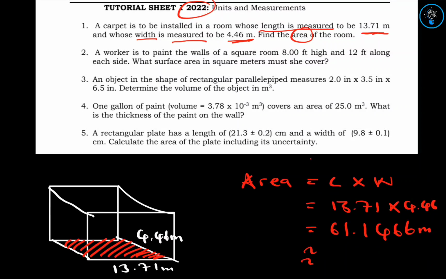But to be consistent with the number of decimal places, we can write it as 61.15 meters.